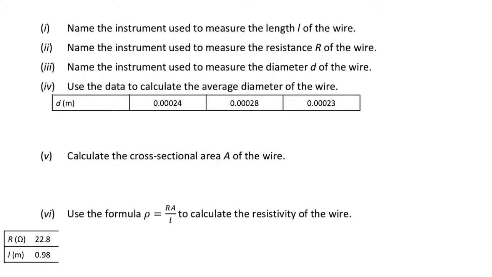So first of all, we are asked a number of questions related to the equipment. So what is the equipment that we use to measure the length of the wire? We can say that we used a meter stick, or a ruler. We have to name the instrument used to measure the resistance of the wire. Name of that instrument is ohm meter.